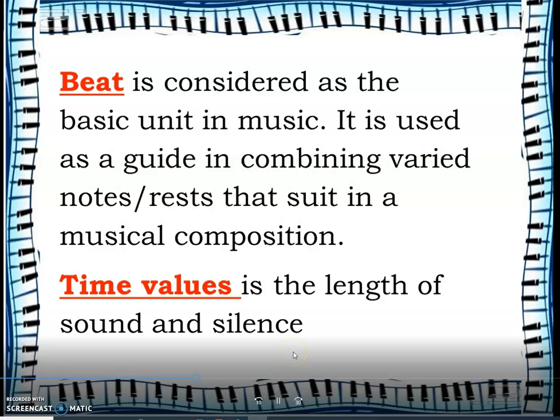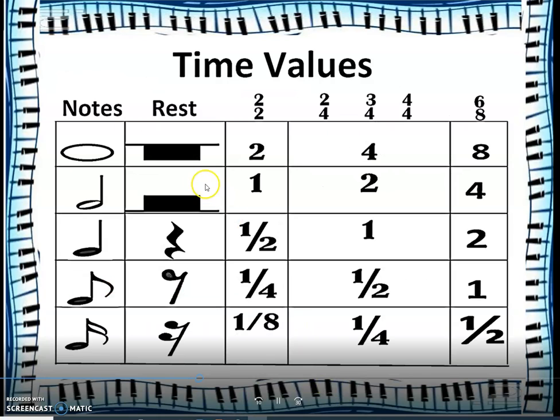How long it is to be conducted, how long it is to be sung or played. And these are the time values. So, there is a note symbol, the rest symbol, and the time signature, which are 2-2, 2-4, 3-4, 4-4, 6-8.